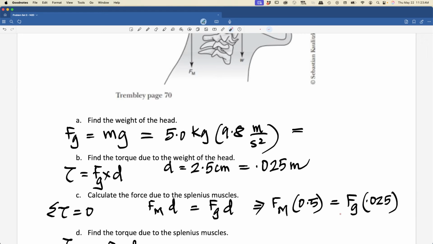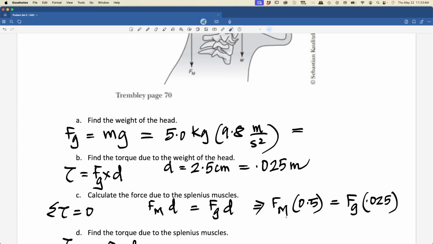Now, the idea that we're using here is that the counterclockwise torque is exactly equal to the clockwise torque. Or in other words, the net torque is 0, right? Because one is positive, the other negative. So this right side is the answer that you got here. And then you can solve for the force in the muscle.